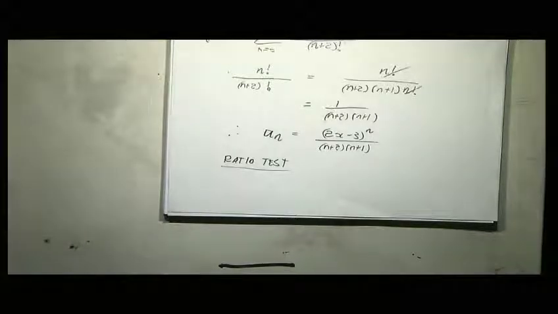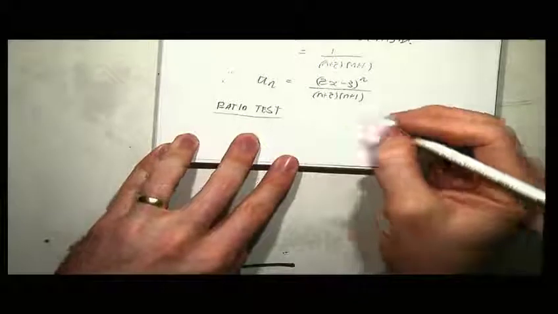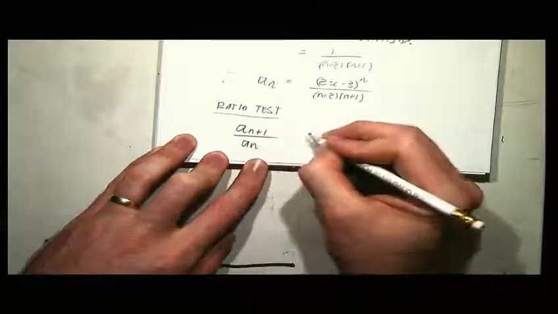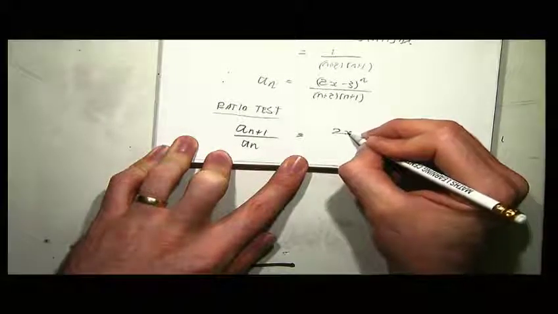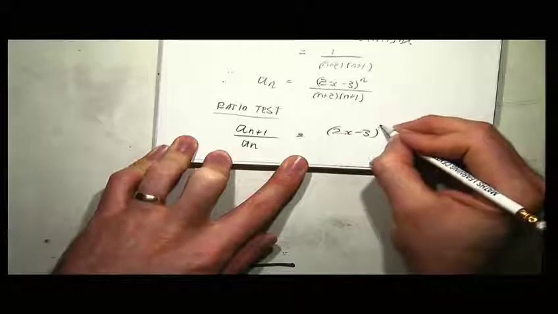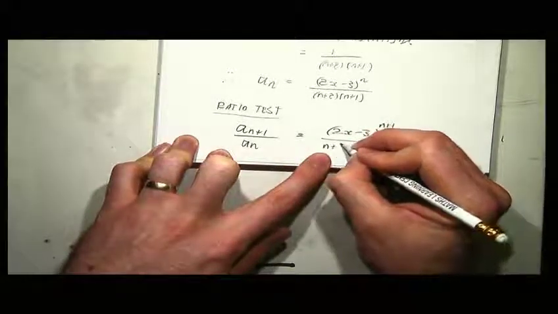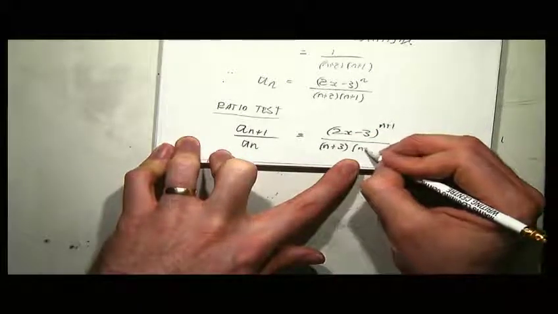But usually that step of cancelling out factorial stuff doesn't happen until later. So your ratio test, I need my an plus 1 over an. So n plus 1 plus 2 is n plus 3. N plus 1 plus 1 is n plus 2.